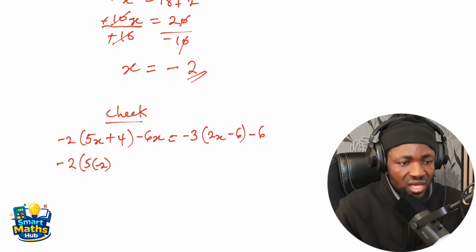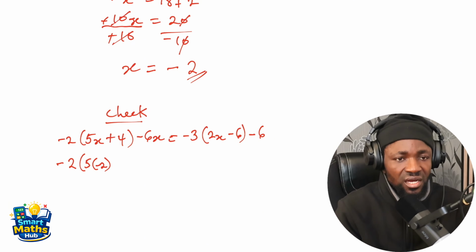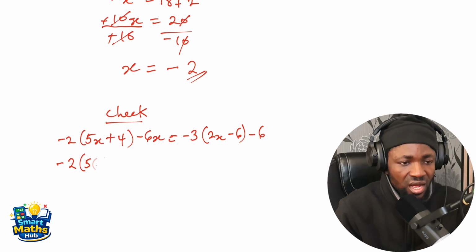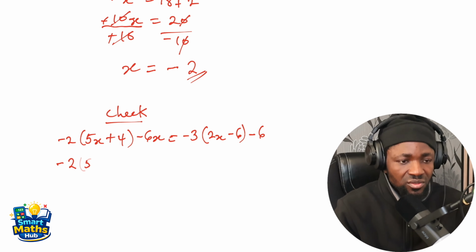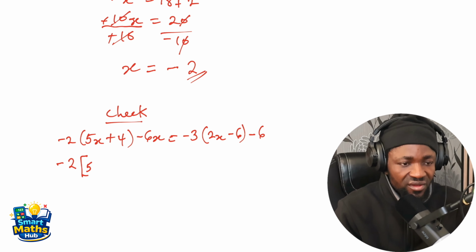The reason why I don't want to multiply it immediately is because we have minus. So let me do it like this for you. Open your bracket, then you have 5 times minus 2 plus 4, right?